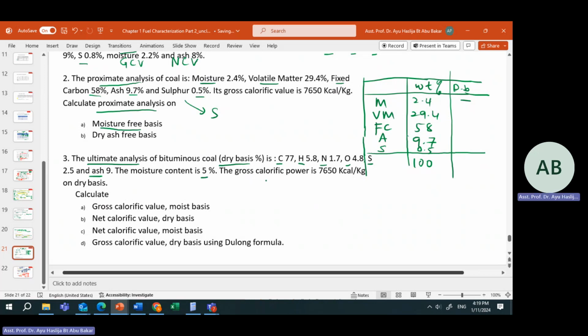The gross calorific value, GCV, is given on dry basis. It asks you to calculate the GCV in moist basis. Okay, we put it in a table first.